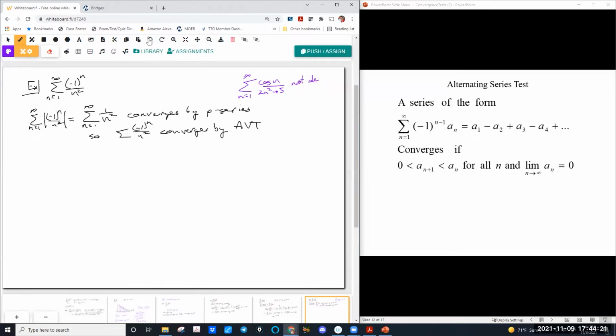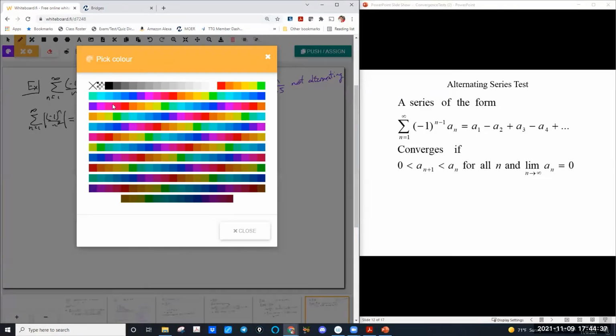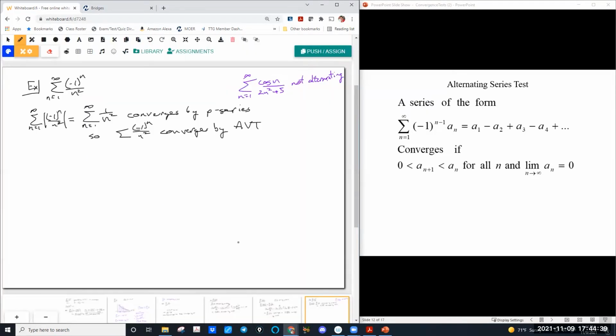Doesn't mean we can't write an alternating series in terms of our trig function, but it has to be properly written. And the one that would be an example, if it were this, cosine of pi times n, because now when this is 0, cosine of 0 is 1. When this is 1, cosine of pi, that's negative 1.